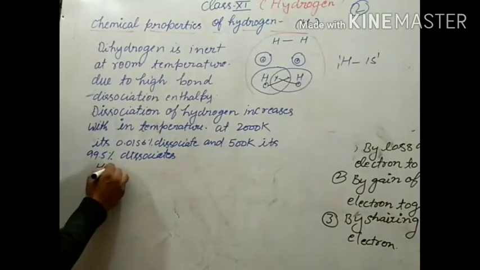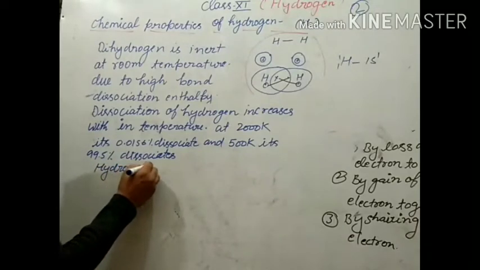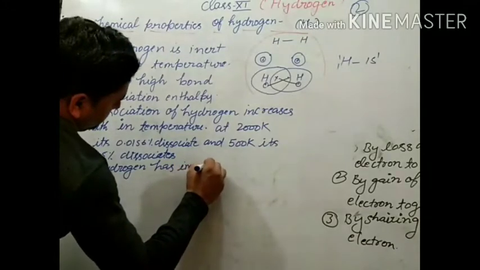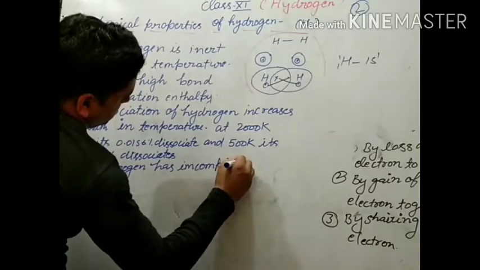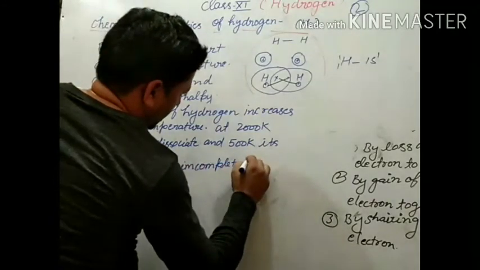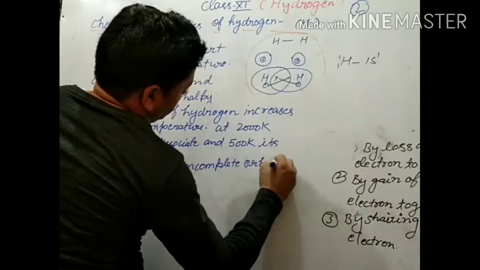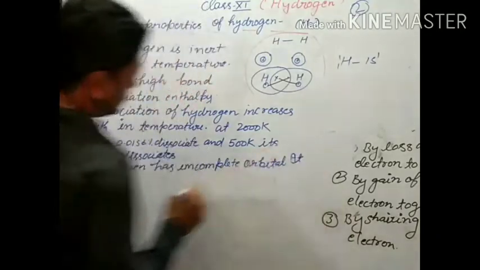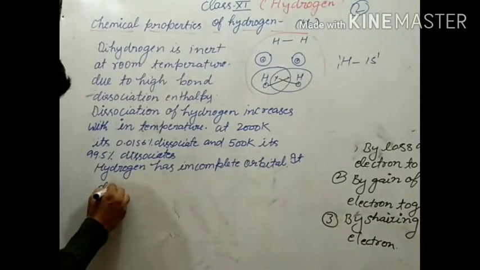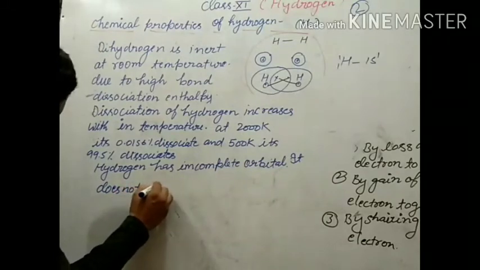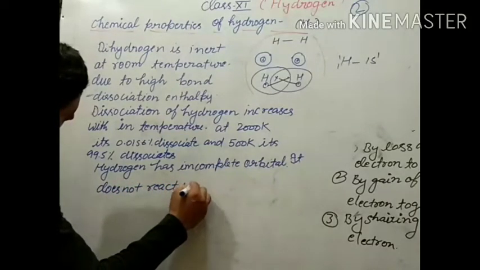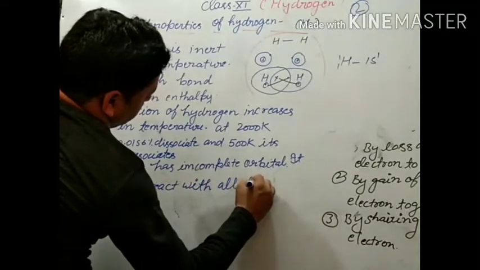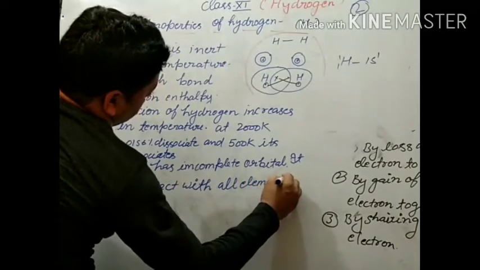Hydrogen has an incomplete orbital, and it does not react with all elements.